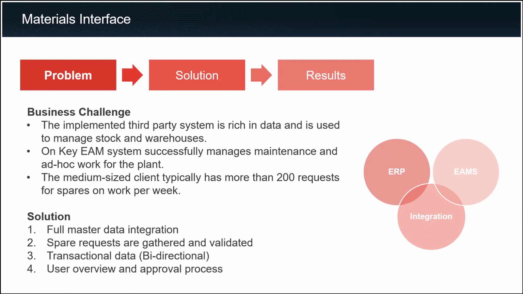So the first step in this solution was to make sure that the master data was integrated, warehouses, material master, etc. And the second part of it was we needed to make sure that the business process for requesting spares and the costs for those spares are integrated. So we implemented transactional data integration between the two systems in support of that business process. And that's the last example.